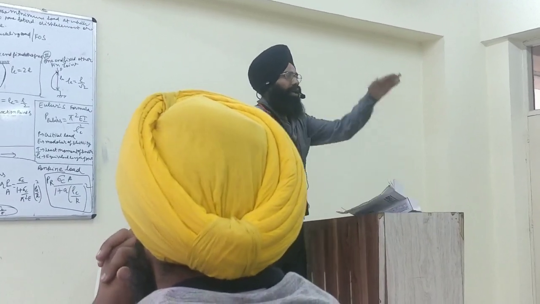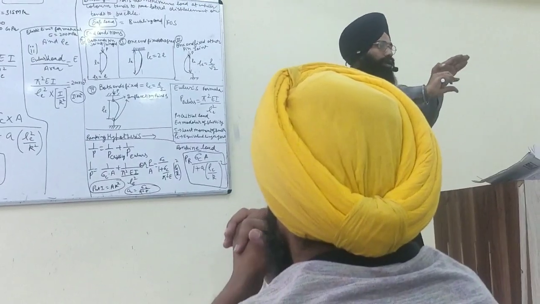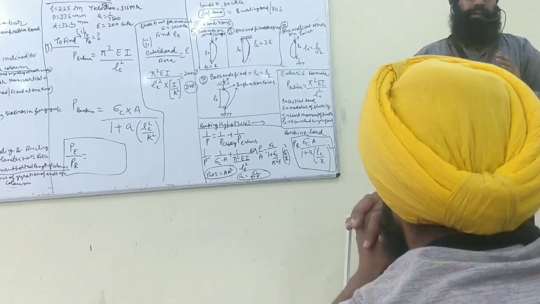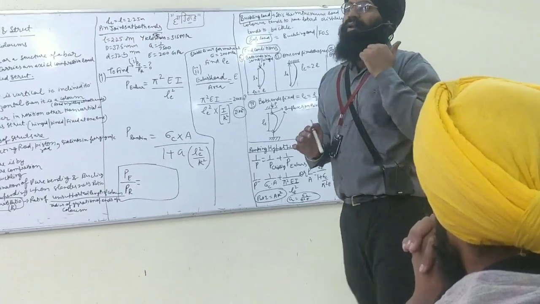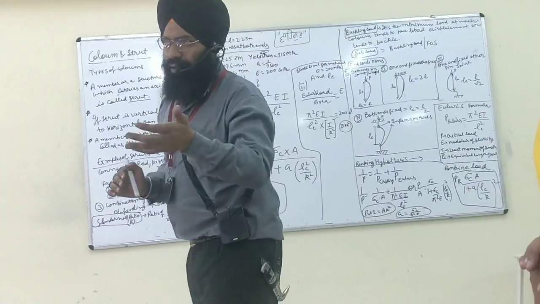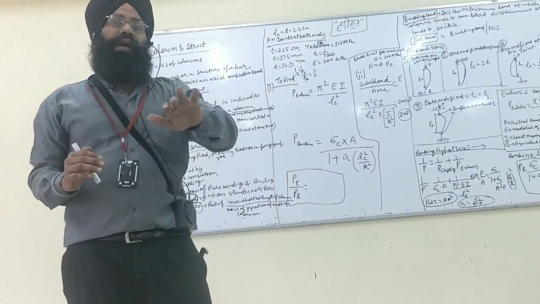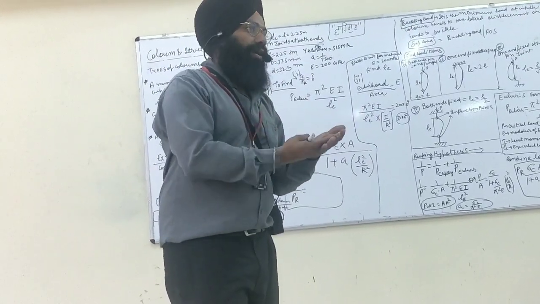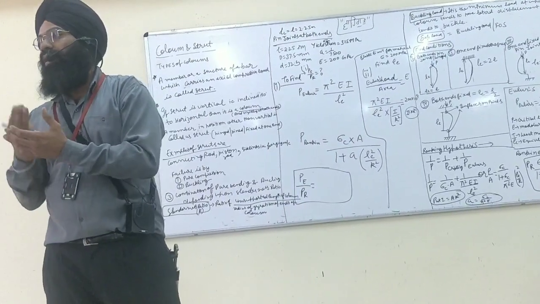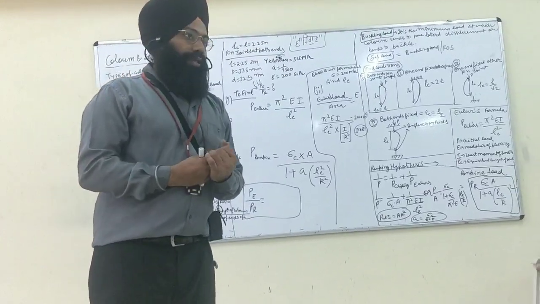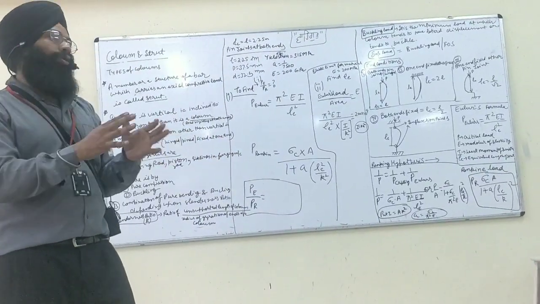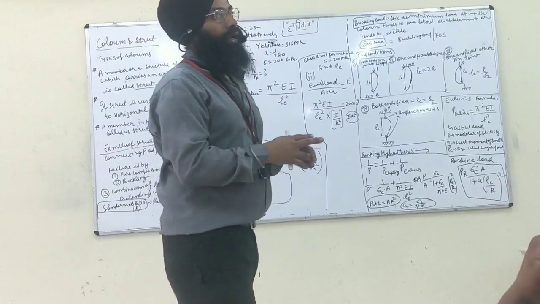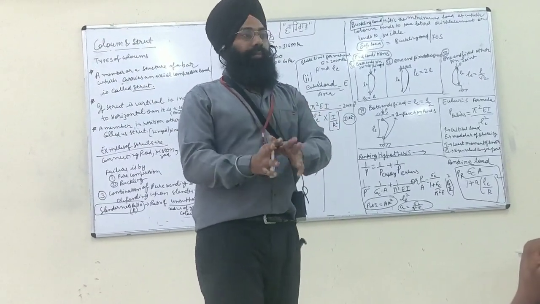It may fail due to excess compression or due to buckling. The slenderness at that time is defined as buckling. And one component may also fail due to both compression and buckling. So there are three types of failure in a column and strut. Foremost is compression, which is the prominent load onto the bar. Second is the buckling load. Third is buckling and compression.